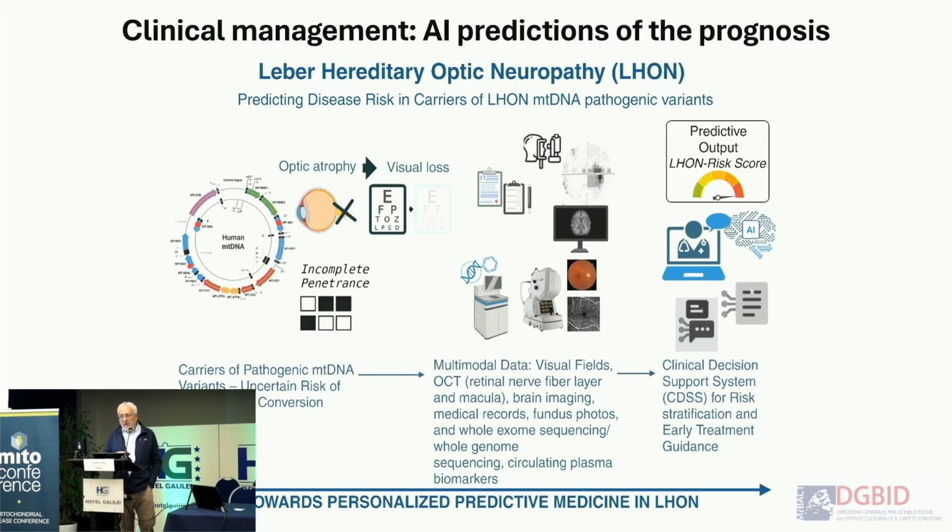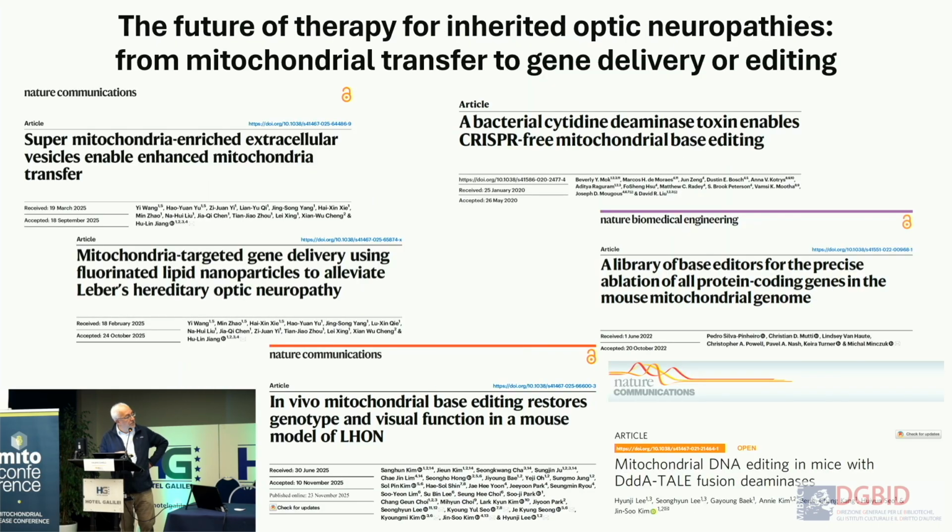We hope to get the money, and the ideal situation would be having the unaffected mutation carriers screened, and you can actually refine the group of those which are at highest risk, and you might focus on those for an extremely early therapy before the disease starts. That would be in the future.